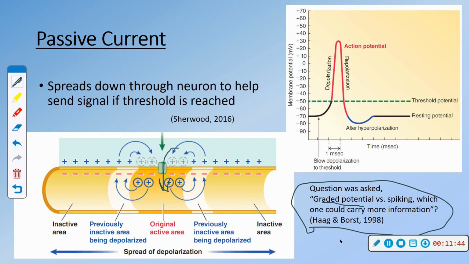So the normal, natural way that our body and those cells use the channels to allow ions in and out of our cells is very efficient. It works the way it is supposed to work. So more information was carried, and it was more successful over long spans of time using the passive current.